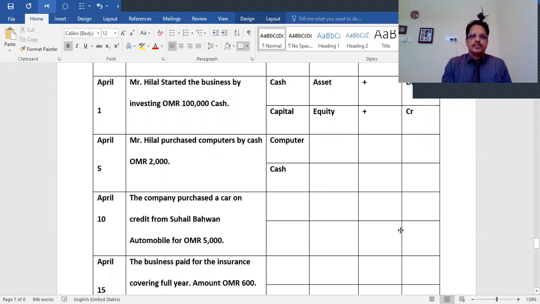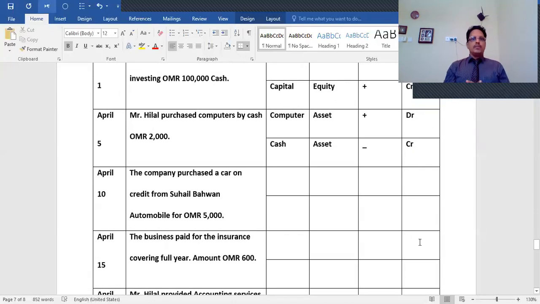Now tell me, computer is an asset, and cash is also an asset. When you purchase a computer, your asset, the computer, increases. But when you make payment, the cash decreases. So asset increase means debit, you know already, and asset decrease means credit.